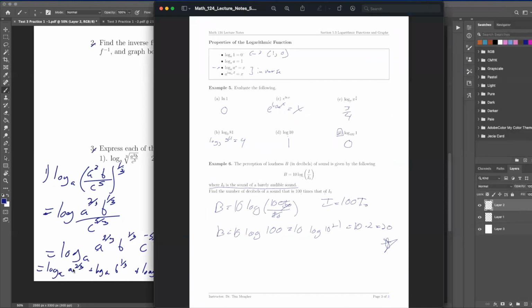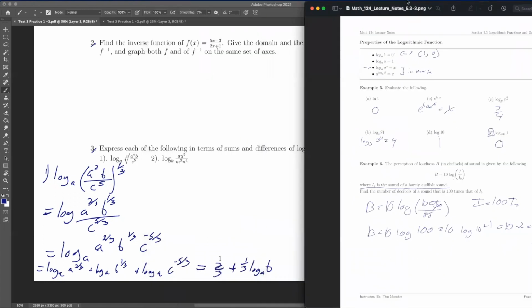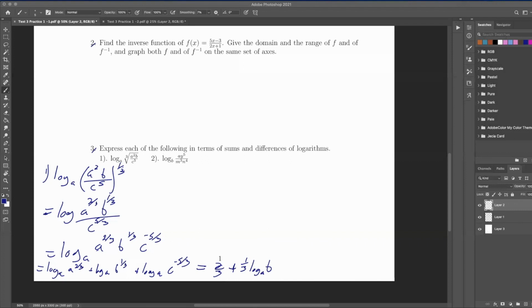So here, log base a of 2/3 is 2/3. And that's in 5/3. Okay, so we have this, and we have 1 plus this. And then here we can pull this out front, so we'll have minus 5/3 log base a of c. And so here we've written this as a sum.